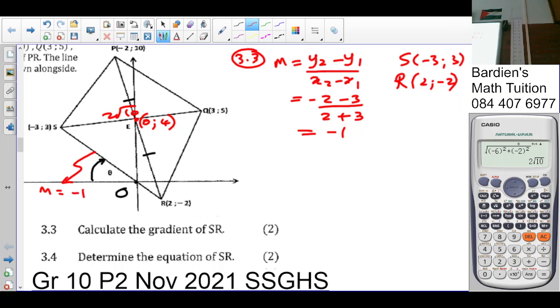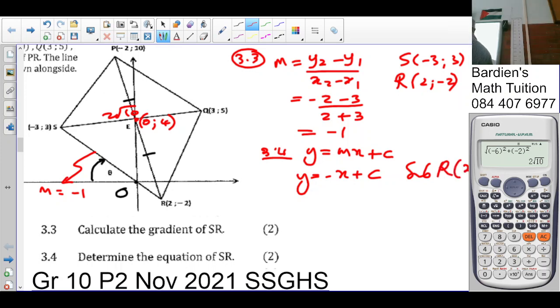Okay? Then determine the equation of SR. So the equation of a line is in the form of y is equal to mx plus c. What is your m value? The gradient is negative 1. So y is equal to negative x plus c. Now we'll substitute the point that's lying on this line. I can either go with S or R. I'm going with R, which is 2 and minus 2. Again, that's the x and the y.